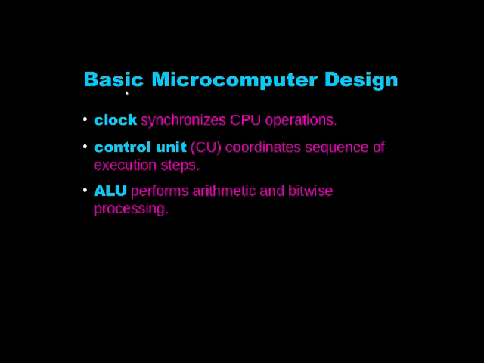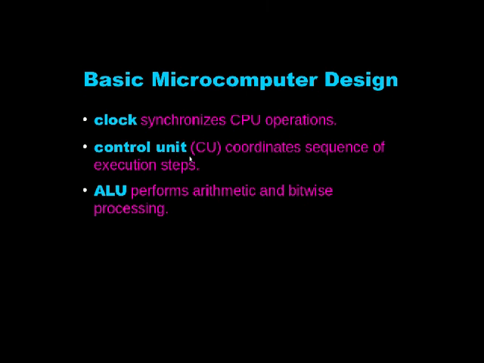Now let's see the basic microcomputer or microprocessor design. We have 3 main things: the clock, the control unit, and the ALU, and those are the 3 parts of a CPU. A clock to synchronize what? CPU operations, synchronization between different operations, different units.